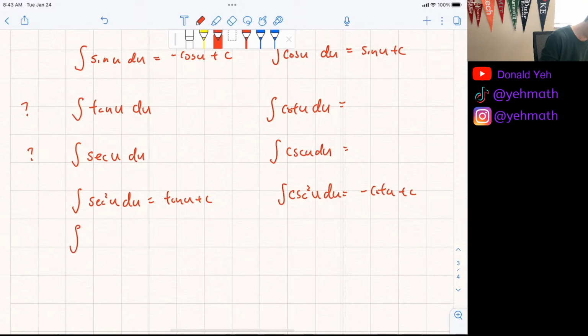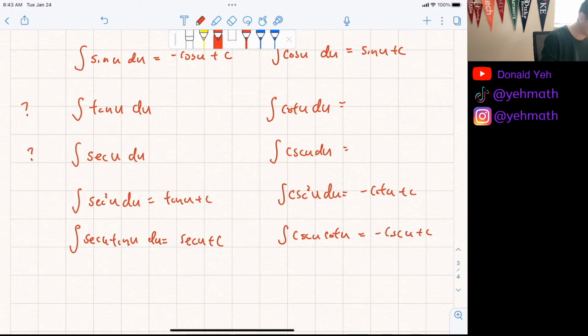And then there's one more, secant u tangent u du, which is secant of u plus c. So the integration of cosecant of u cotangent of u is equal to negative cosecant of u plus c.